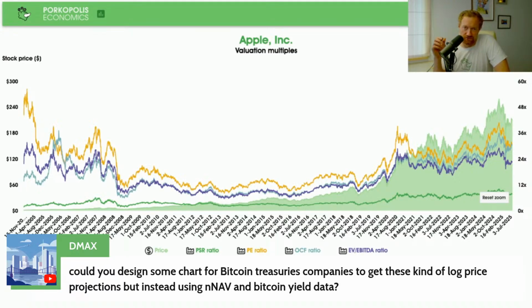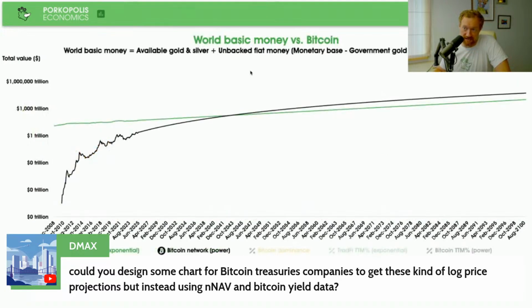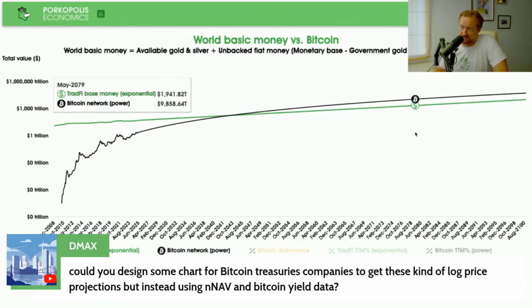Saylor is using TradFi to buy future money, all right? And using TradFi, it's an exponential curve. It's just different than Bitcoin. So I'll show you again what I mean. This is not Apple. If I did Apple, Bitcoin actually wouldn't catch it in market cap. This is the total monetary base, which is another research set that I do. Remember, it's global money, gold, silver, central bank money all together.